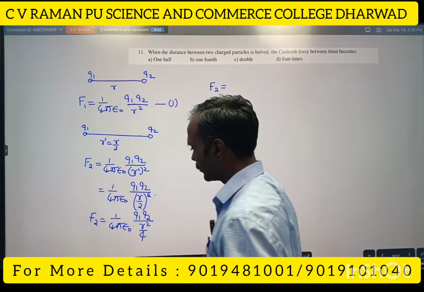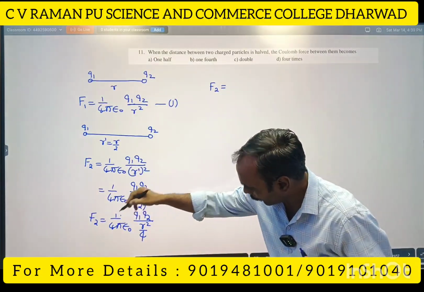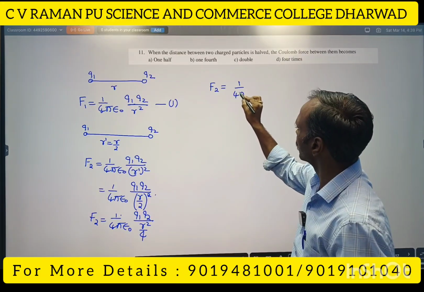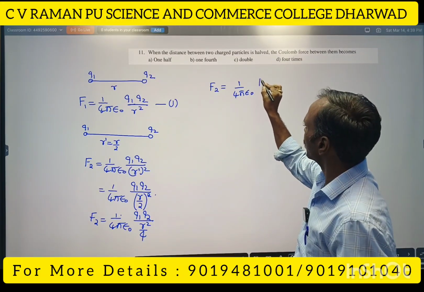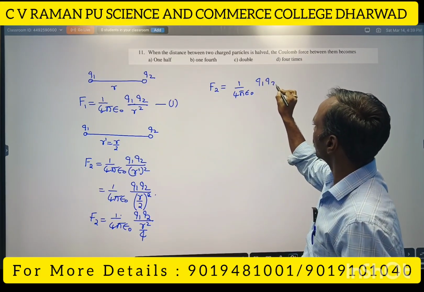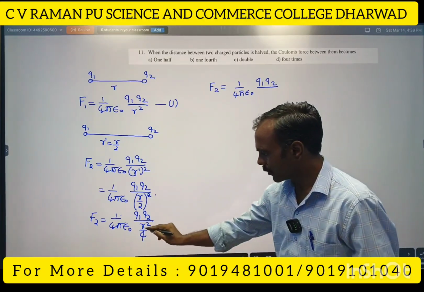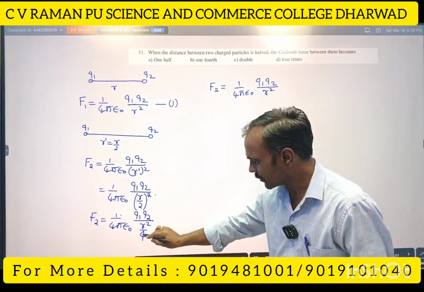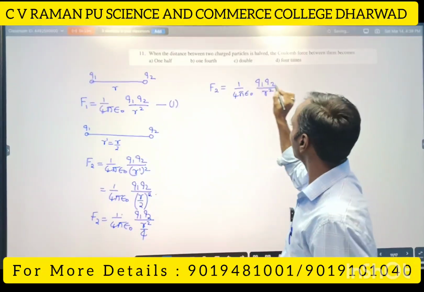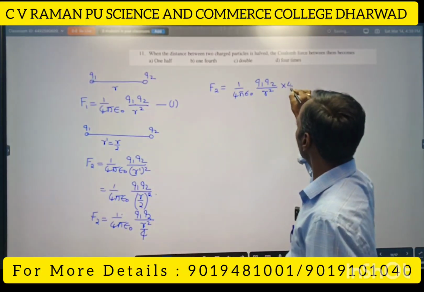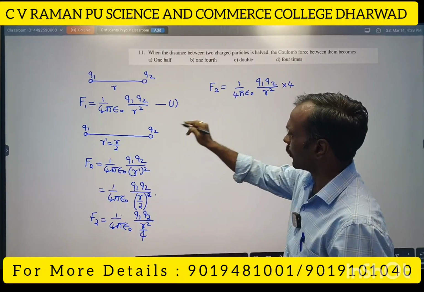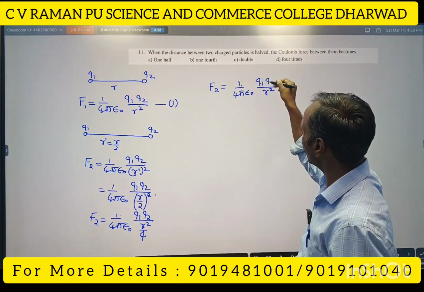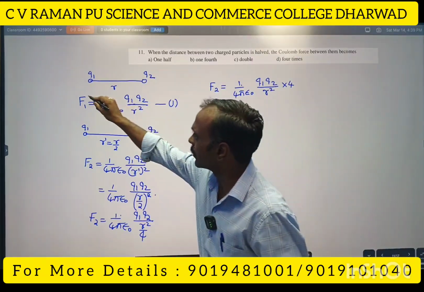F2 is equal to 1 upon 4 pi epsilon naught as it is, Q1 into Q2 divided by r square. This 4 goes to the numerator, so I write it as into 4. From equation 1, 1 upon 4 pi epsilon naught Q1 into Q2 divided by r square is equal to what?